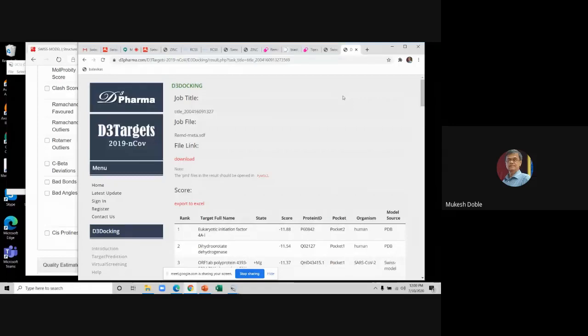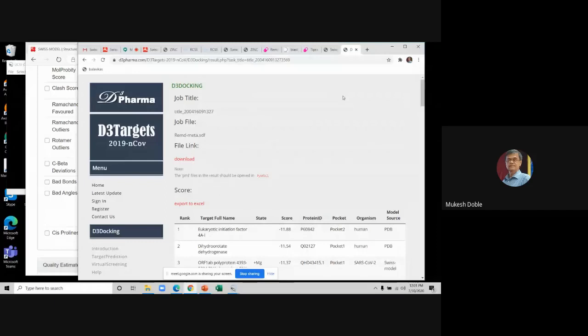So we can look at Swiss Target, which predominantly gives human and certain murine and other species. You can take your ligand and see which are the most probable targets. So we saw that, and similarly this particular site also gives results related to SARS-CoV.